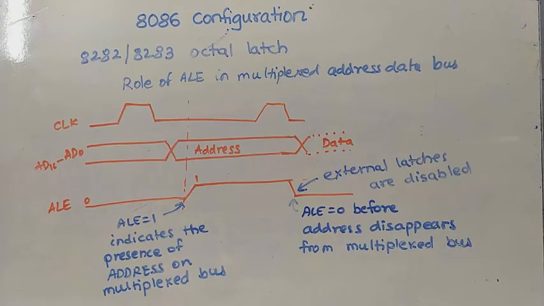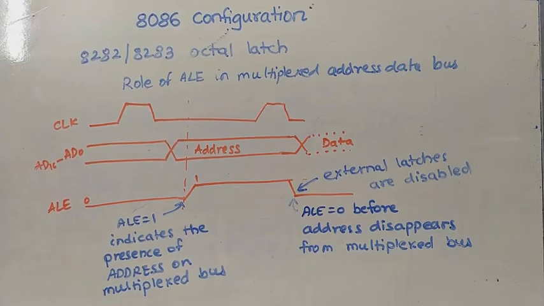The next component is 8282 or 8283. It is an octal latch. Now why we have to use this octal latch, that we'll see. Before that we'll discuss a few important points which we have already discussed during the architecture of 8086.